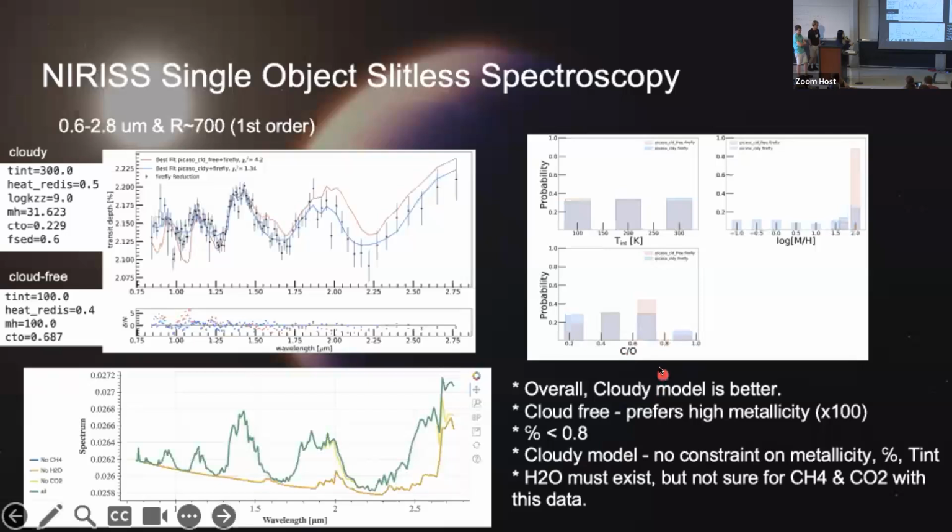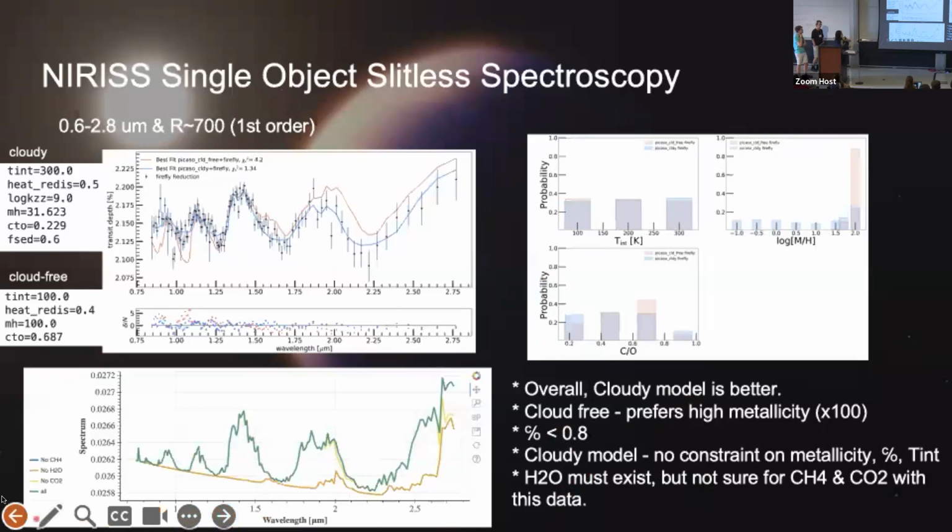For the cloudy model, I feel like there's no constraint on the internal temperature, as you can see the similar probability for all three temperatures, and no strong preference between the three C/O ratios. It looks similar to me. And also similar metallicity for the blue bars. So I feel like there's no model preference with this data, at least.